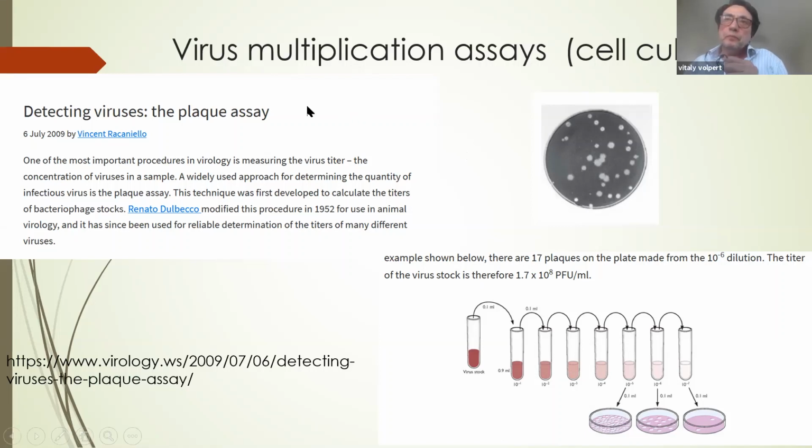And in fact, it is a standard, it is called virus multiplication assay, multiplicity of infection. It is a very common experiment, which is practically always used to study viral infection.